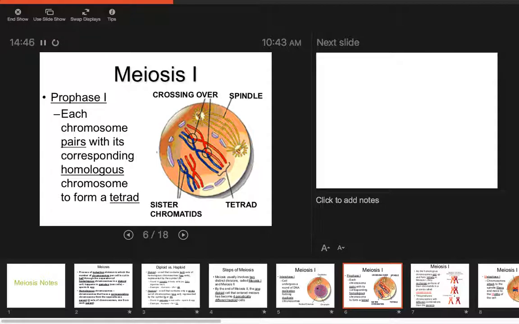Just to give you a weird visual, if Corbin and I shook hands, my arm would become his, and his arm would become mine. That's what happens during crossing over. They're exchanging literal pieces of their genes to where then we get genetic variation.